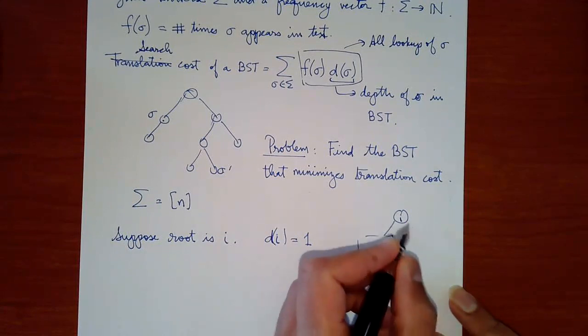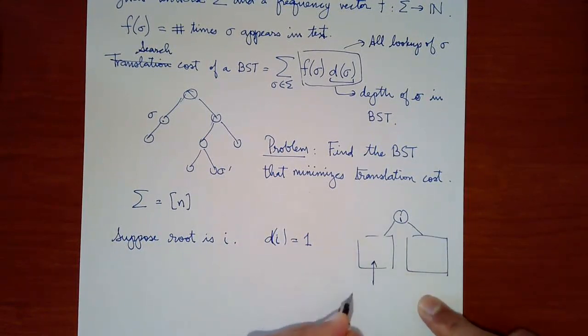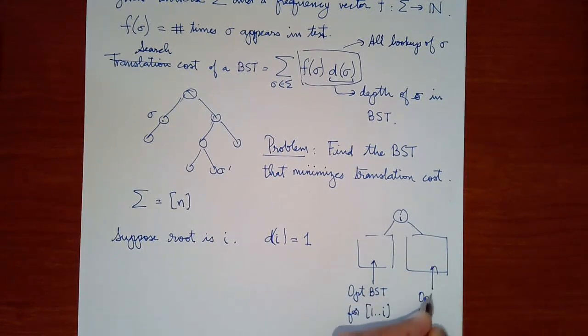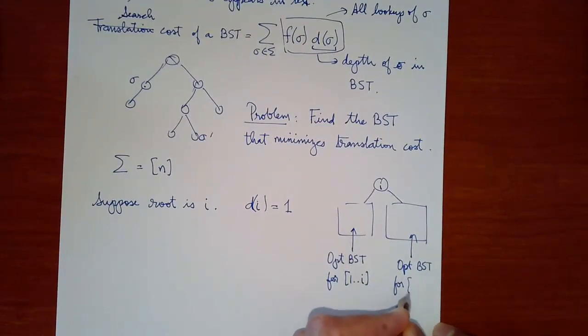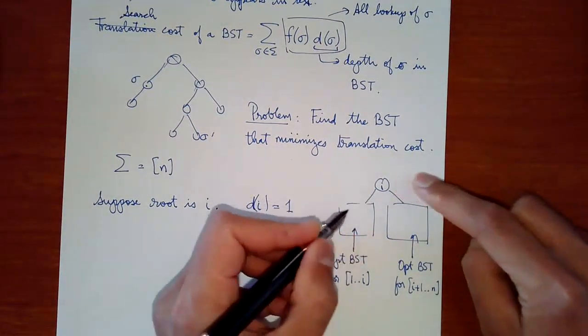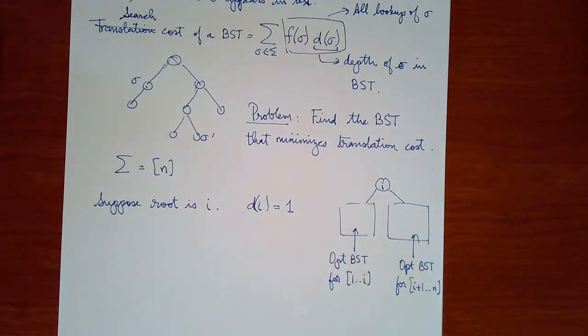What you put here will be the optimal BST for 1 going up to I. And this is the optimal binary search tree for I plus 1 going to n. Does that make sense? So once you split there, it makes sense to build the optimal binary search tree in each of these parts.